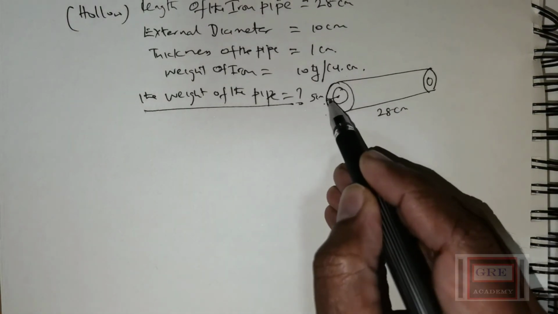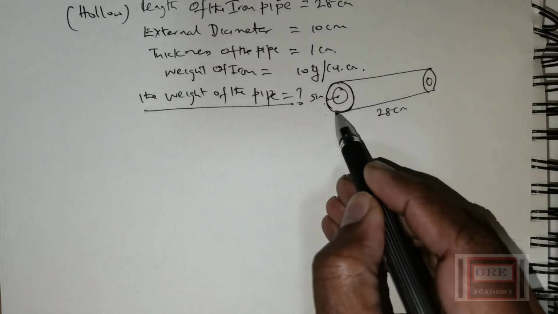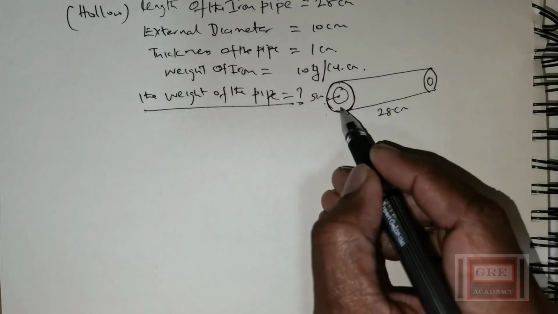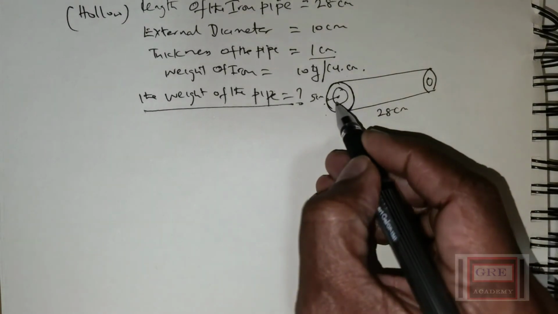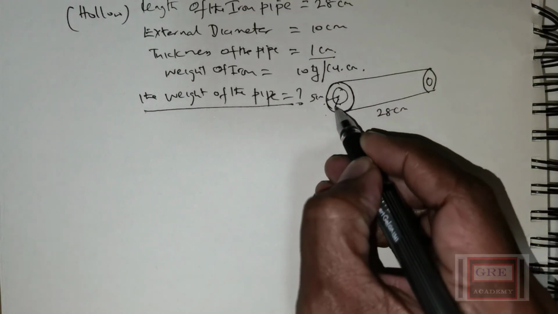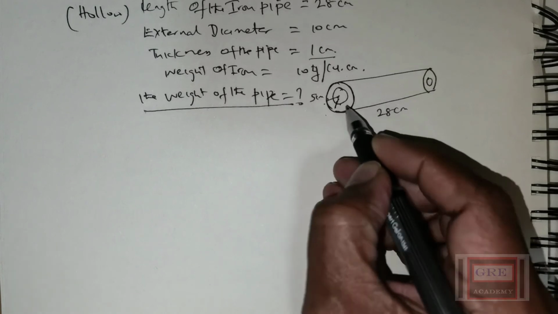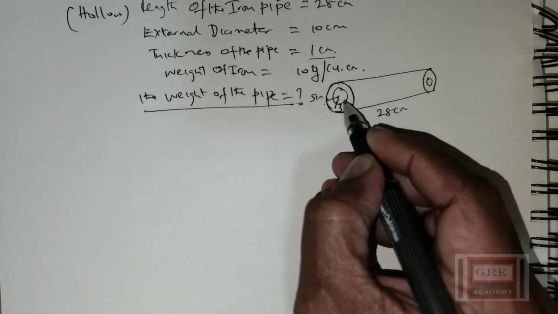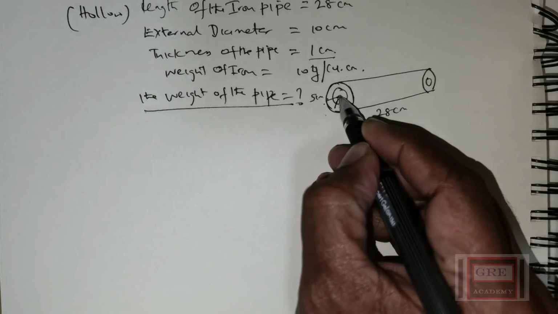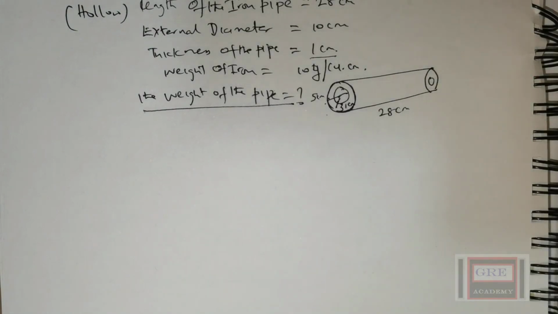So from the center to the external circle, this is going to be 5 centimeters. Now the thickness is given to be 1 centimeter. So that means the internal radius, right? For the internal radius, you got to take away this 1 centimeter thickness.